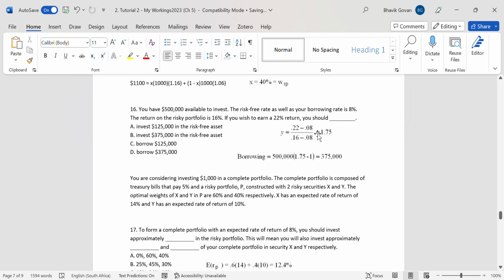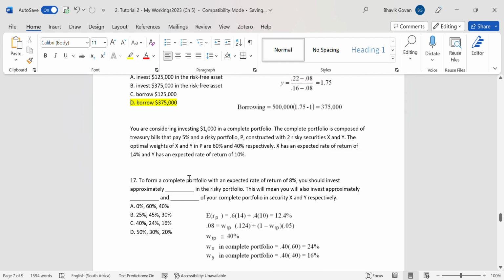So in this case we'll borrow 75%. So it'll be 500,000 times 1.75 minus 1, and we get 375. So we borrow 375,000.